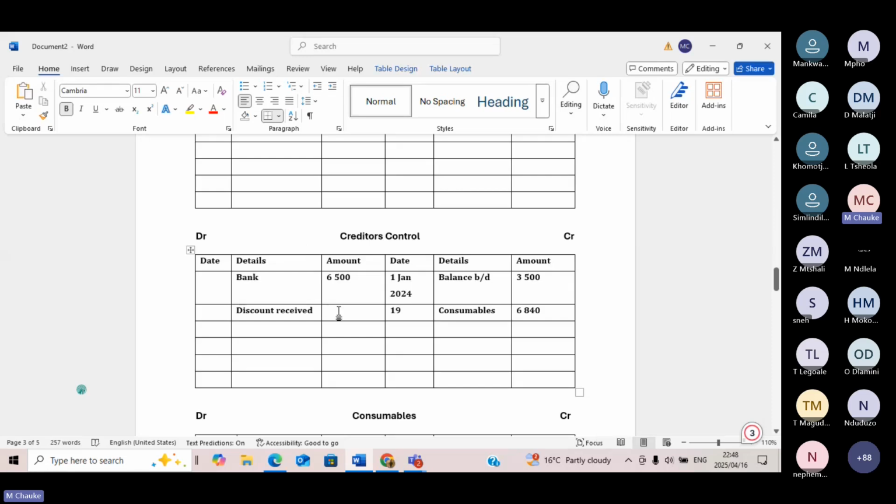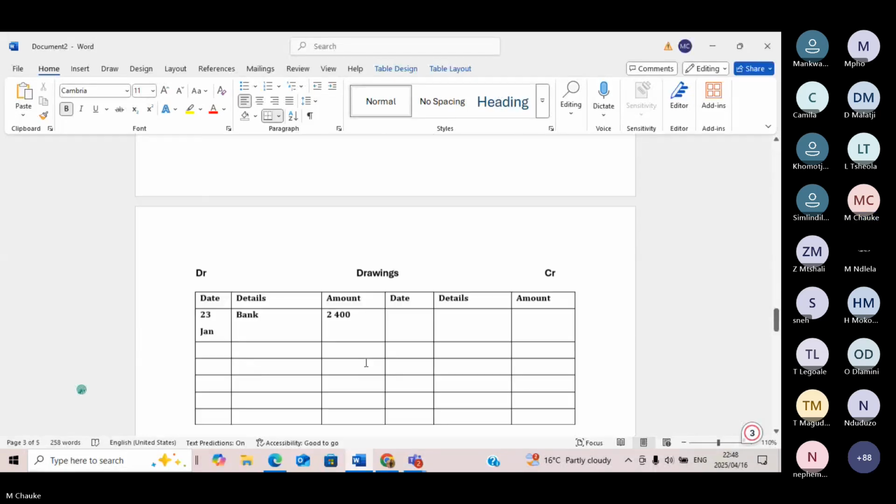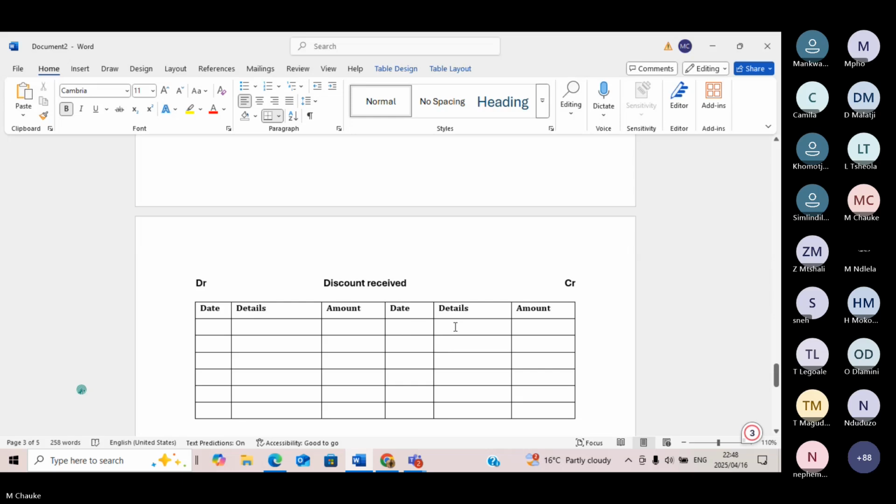I think you're going to have 340 discount, 340, right? And then you go to your discount received account. Because it's an income account, you go to the credit side. These transactions happened on 28 Jan.